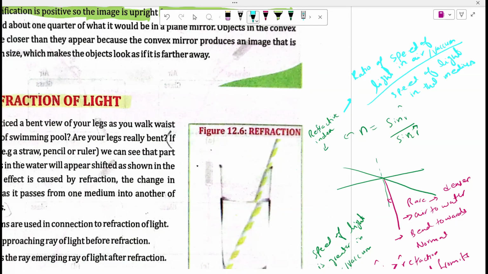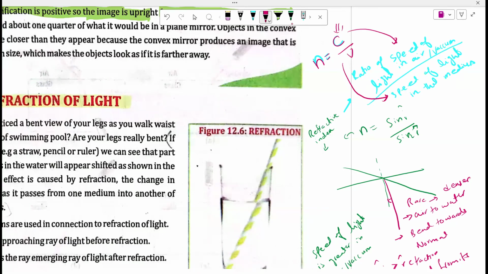So n is basically the ratio of speed of light in air over speed of light in medium. So it's also given as n is equal to c over v. c is the speed of light in air and v is the speed of light in the medium.